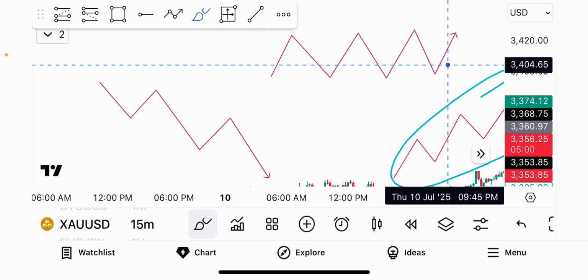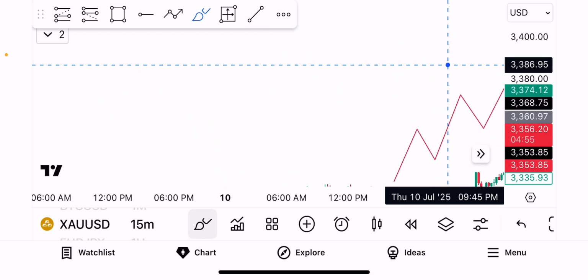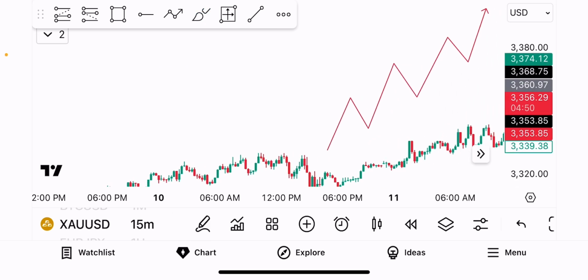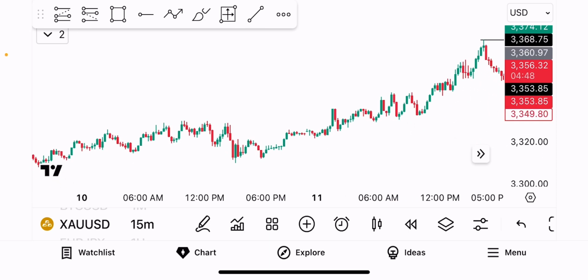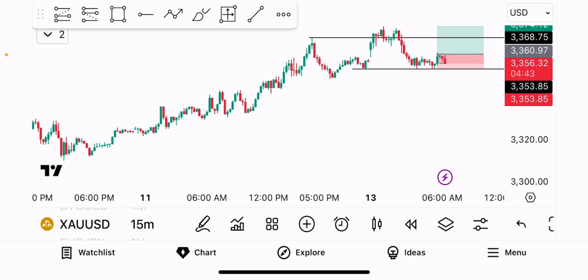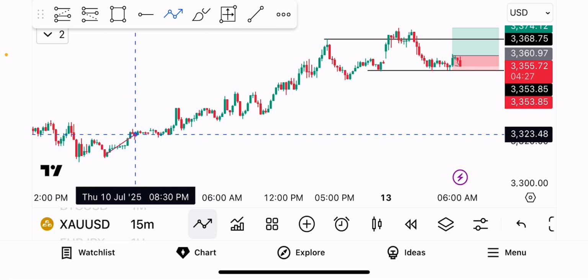Now, when we come to trading the market, we first of all identify the trend to help us understand the next thing to do in the market, to help us understand what our job is in the market. Now, when we look at the chart on my screen here, this is XAU USD, and if we observe the market movement so far here on the 15 minutes chart, all we can see is that the price has been printing more of what?